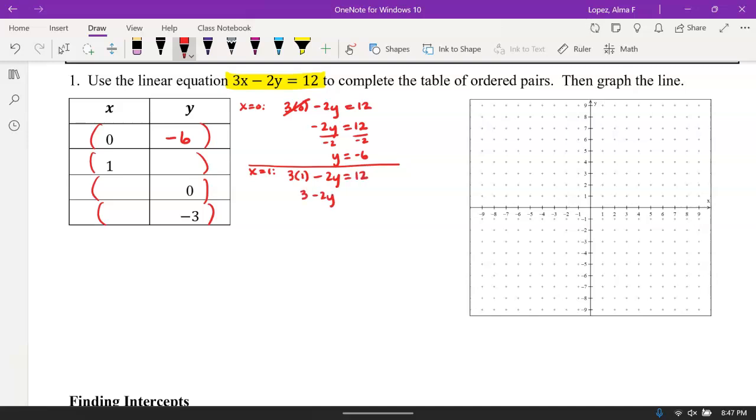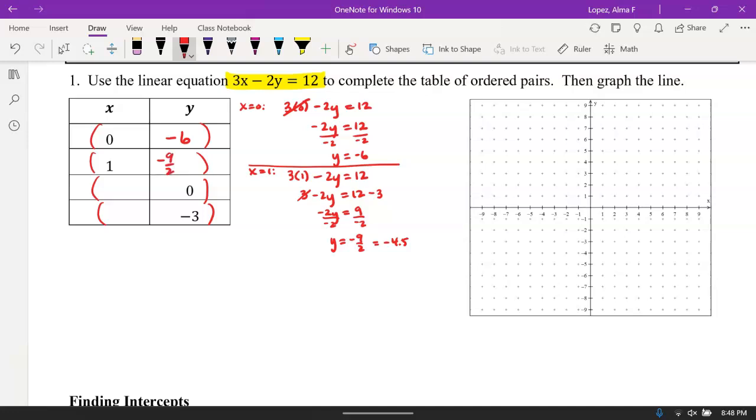That's 3 minus 2y is equal to 12. I'll subtract the 3 over, so we get negative 2y is equal to 9. After dividing both sides by negative 2, we get y is equal to negative 9 halves, which we found earlier was negative 4.5.